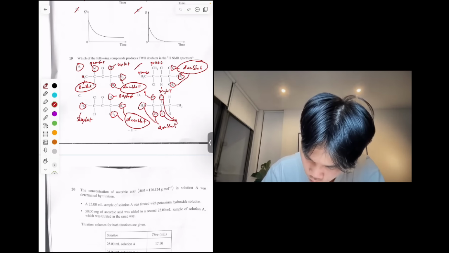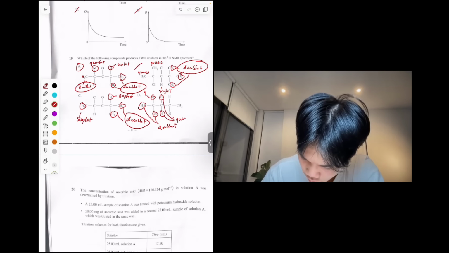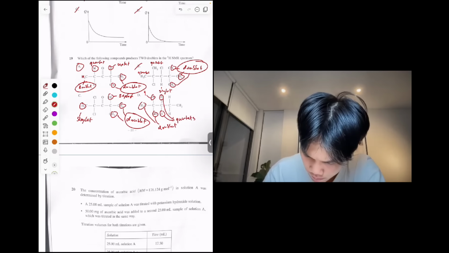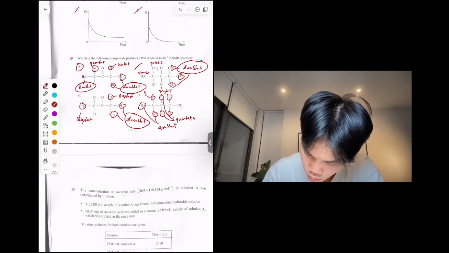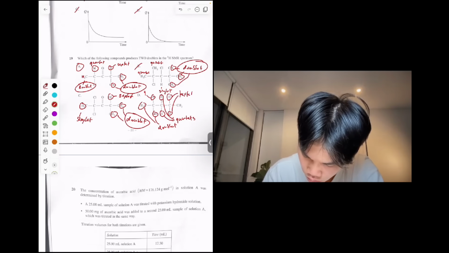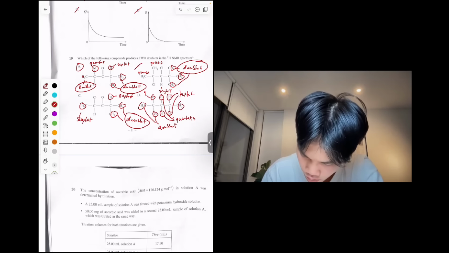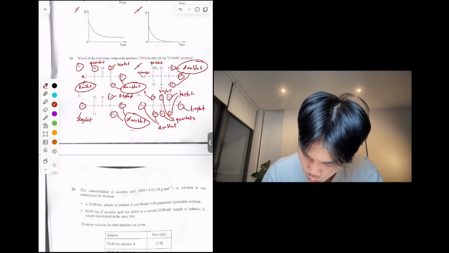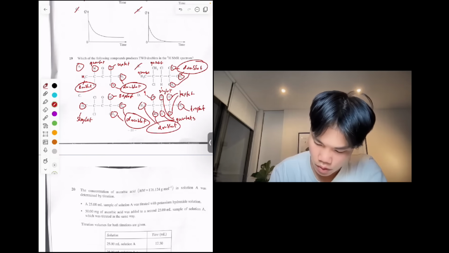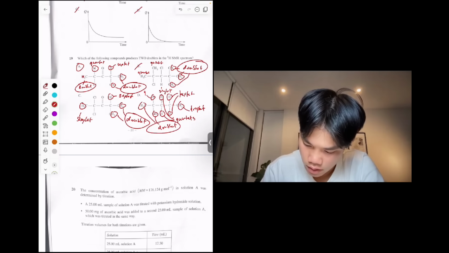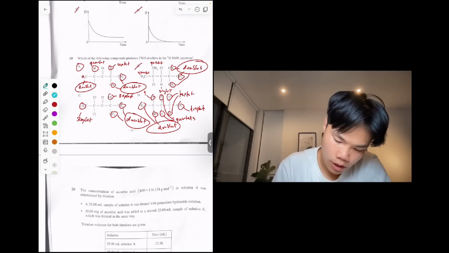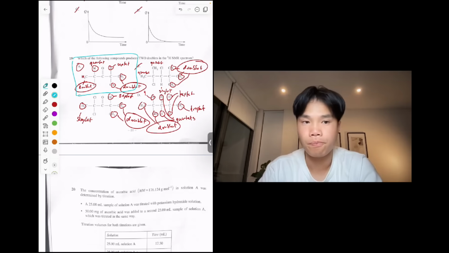They would show quartets. Because they have 1, 2, 3 neighboring. These two would show a hextet because it is 2 plus 3. And finally, this would show a triplet. And we only see one doublet in option D. I think that makes sense to me. So option A is the one that makes the most sense ultimately, as there are two doublets.